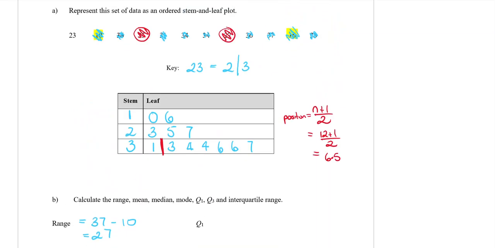Now, technically, if you wanted to, you could do it from up here. If you got all these numbers at the top better, you could add all of those up. That would be fine. But if you're doing it from your stem and leaf, you're doing 10 plus 16 plus 23 plus 25 plus 27 plus 31, plus 33, plus 34, plus 34, plus 36, plus 36, plus 37.